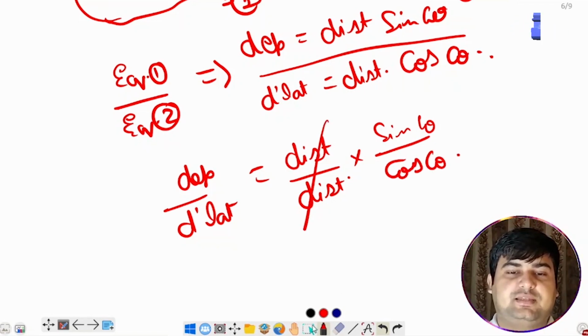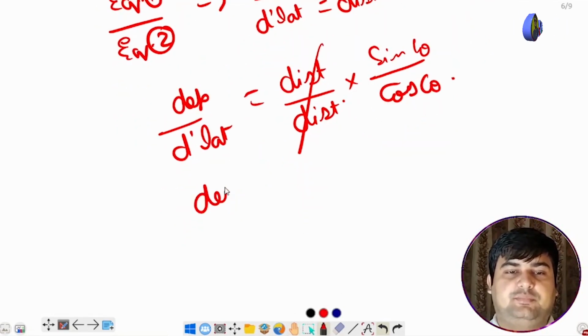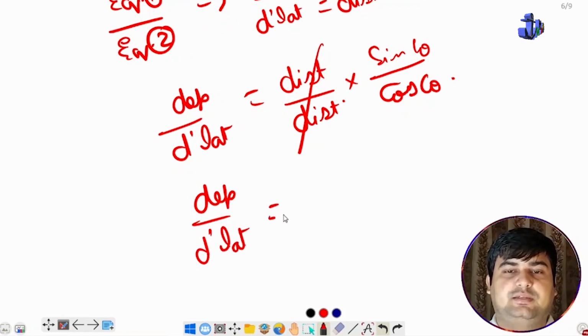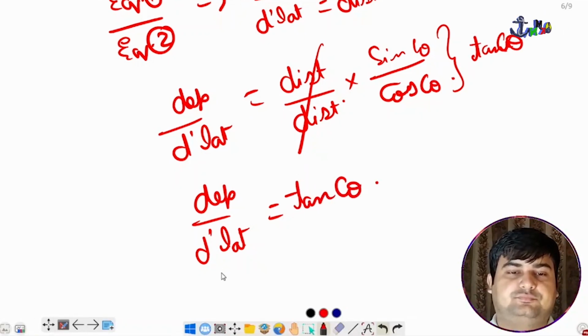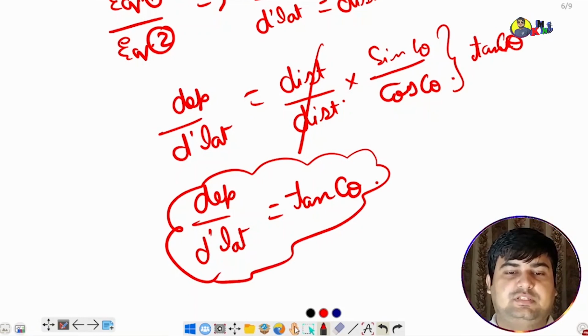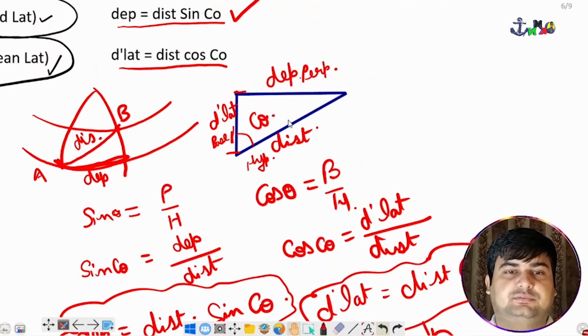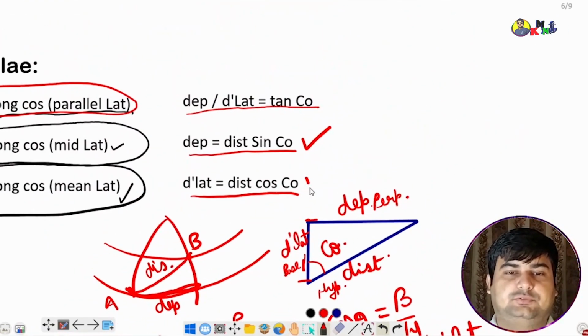So distance cancels. Departure upon d lat is equal to sine by cos. We know this is tan theta or tan course. So departure upon d lat equals tan course. This is the third formula we have verified. So all three formulas are verified.